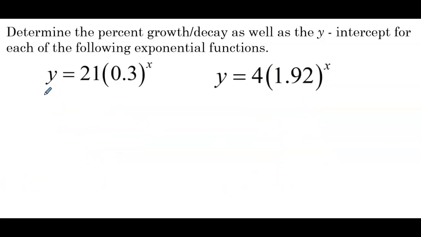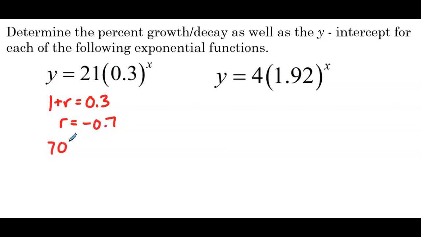Same directions. Next function, y equals 21 times 0.3 to the x. Just by looking at this, we should notice we're going to have exponential decay. And now we have to figure out the percent. So we'll start by setting 1 plus r equal to 0.3. Subtract 1 on both sides, we have negative 0.7. So we see we have a negative r value.